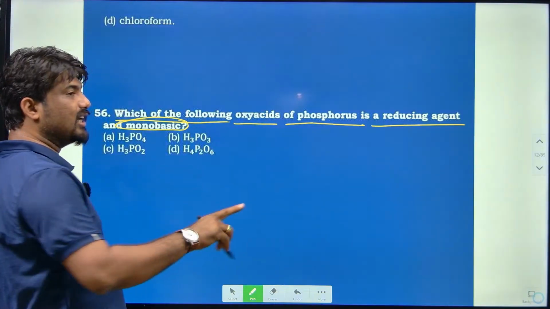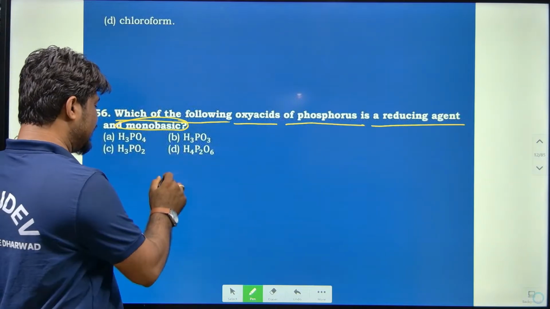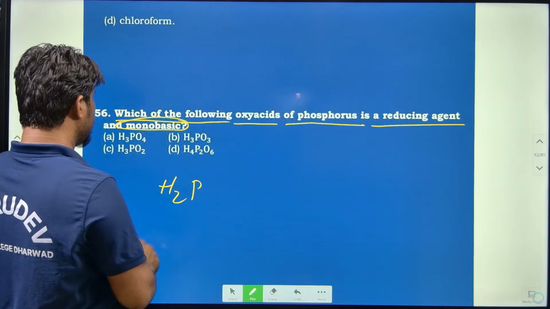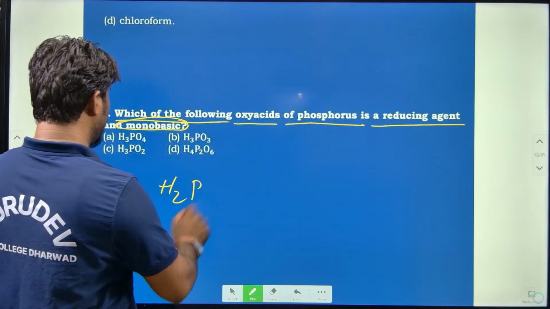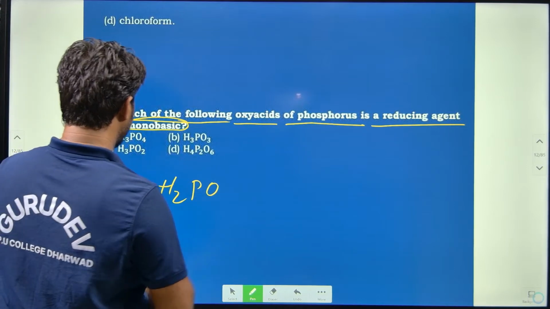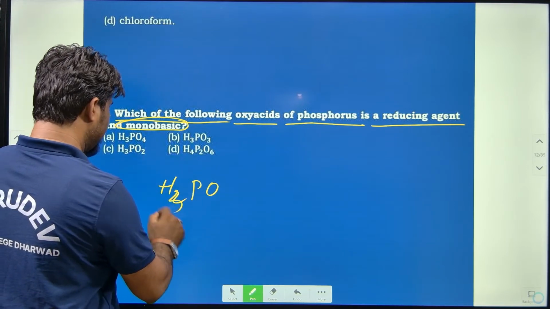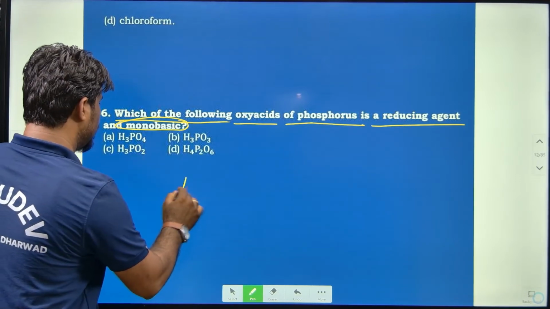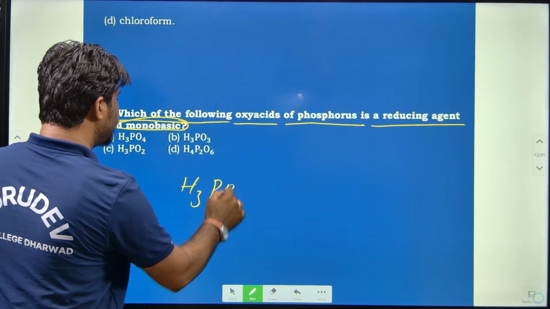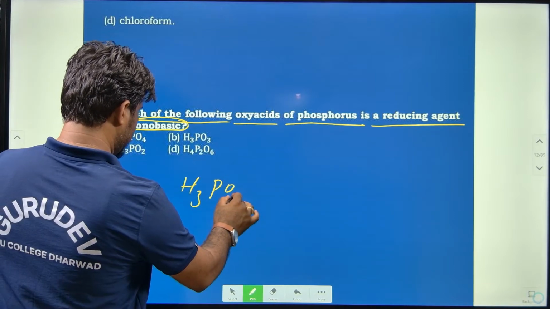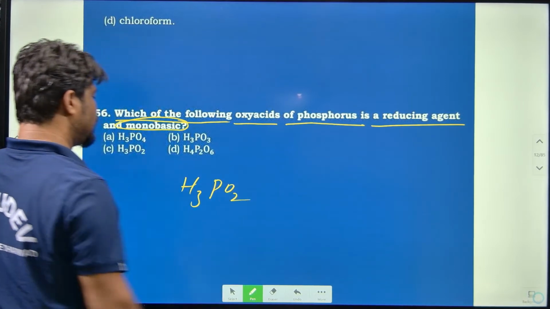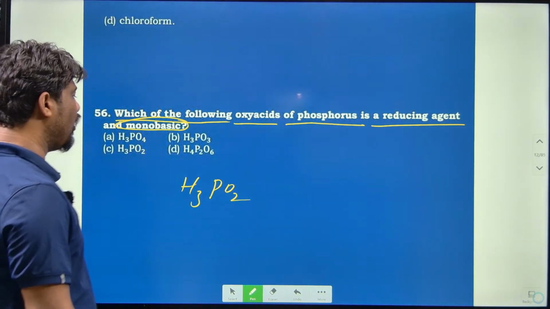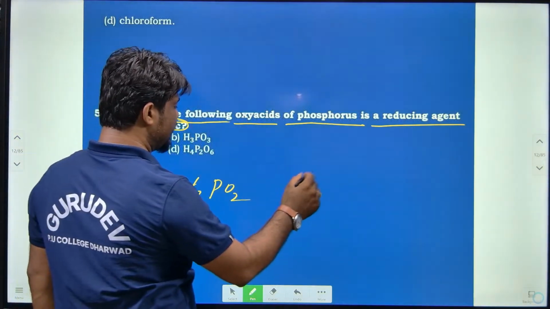The compound containing one OH, that is H3PO2.